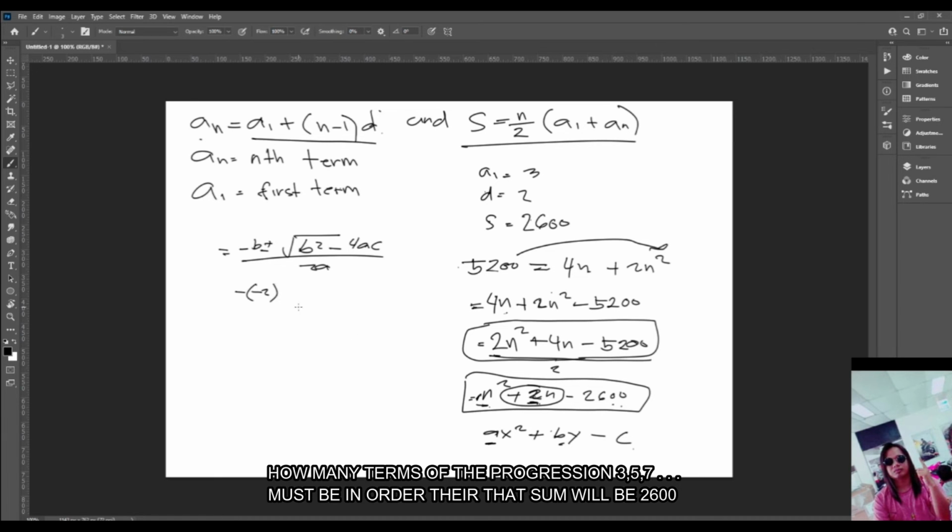But since this is positive, we can write it directly as negative 2, and then 2 squared minus 4 times 1. So this is automatic: a in this formula is 1, and c is 2600. Over 2 times 1. So negative 2 plus or minus 4, multiply. Okay, we will multiply that one.